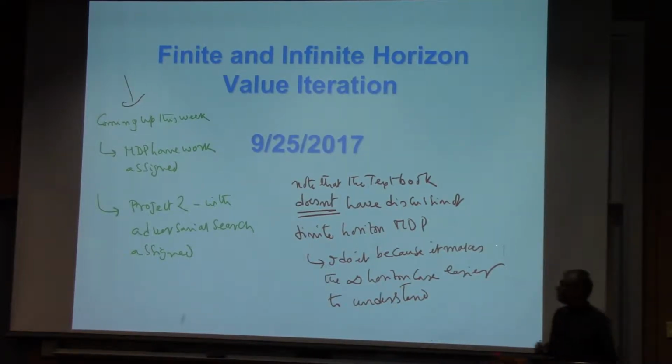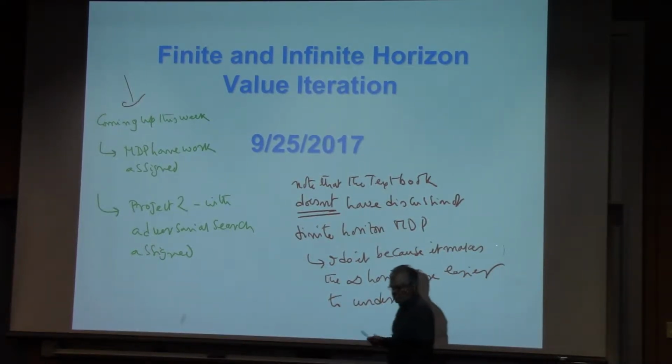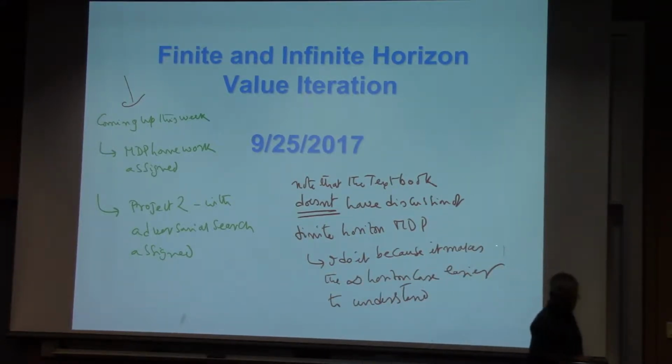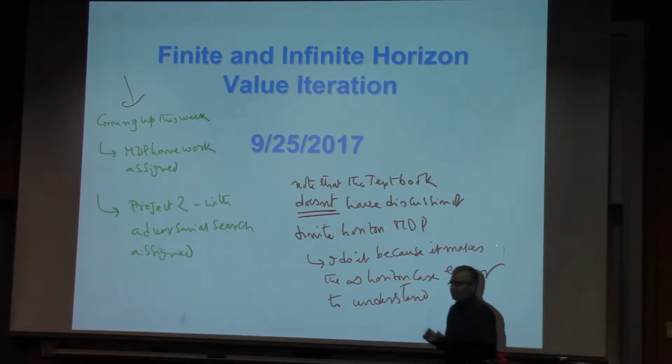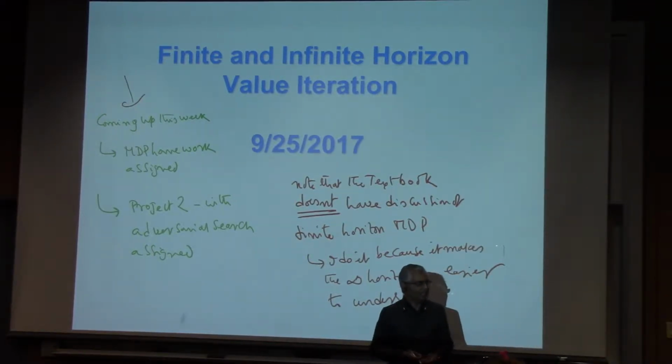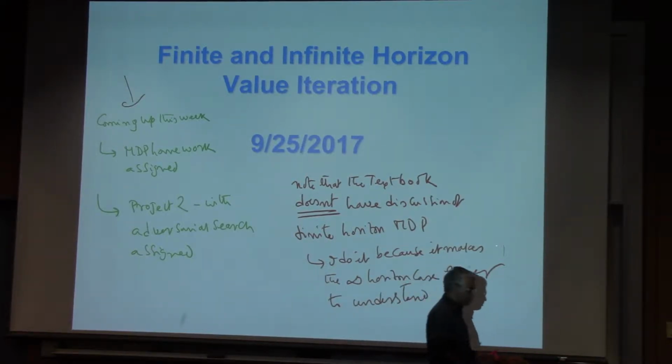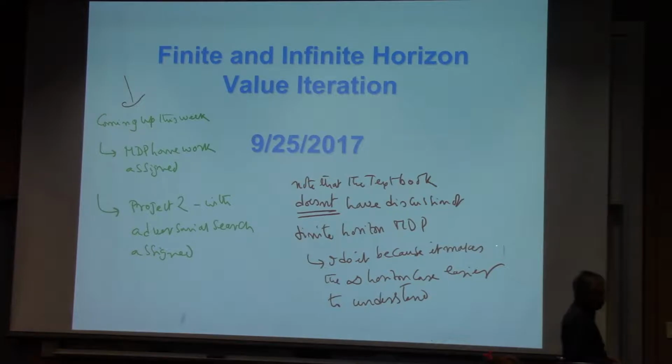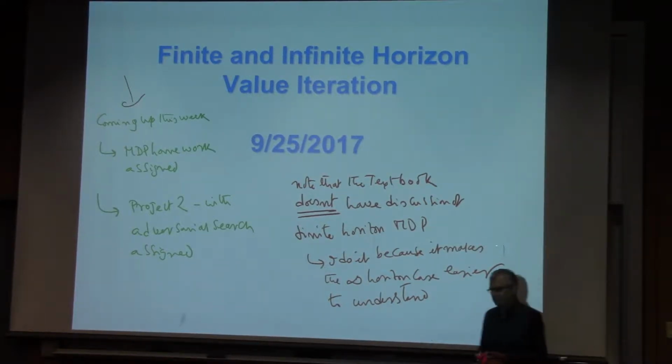One other thing I wanted to mention, in case you are reading the textbook and are confused: the whole discussion of finite horizon MDPs is not actually present at any length in the textbook. There are a million different types of MDPs, as I mentioned, and the textbook just looked at infinite horizon MDPs.